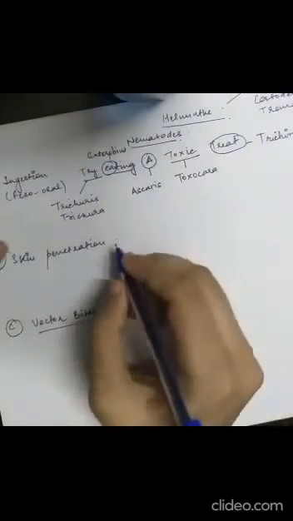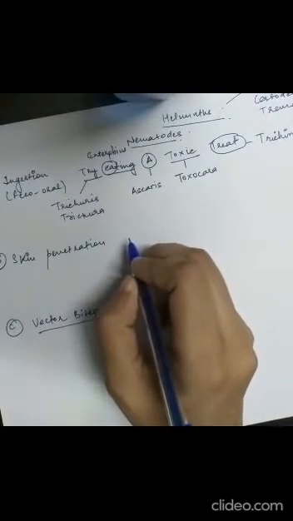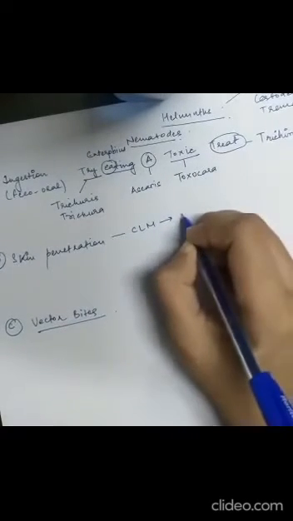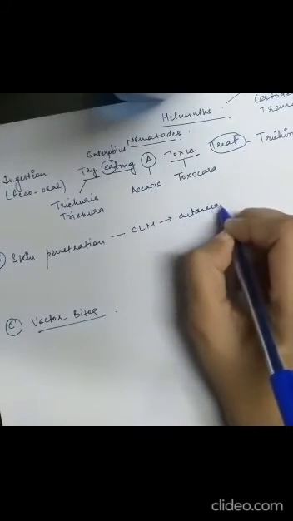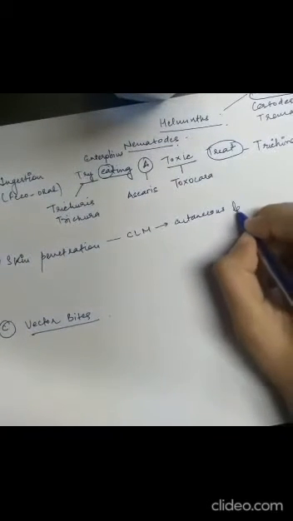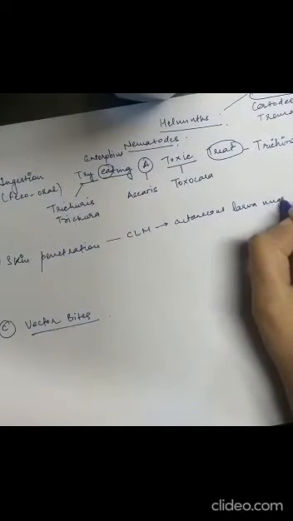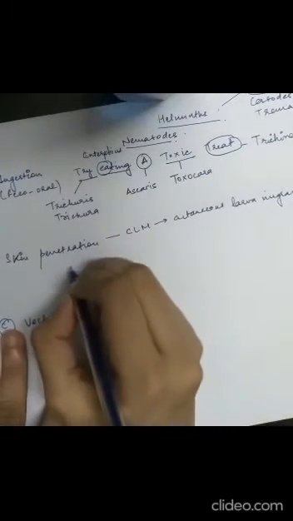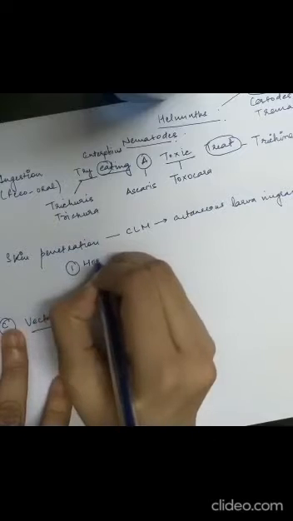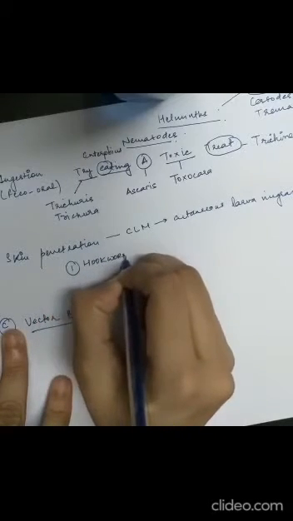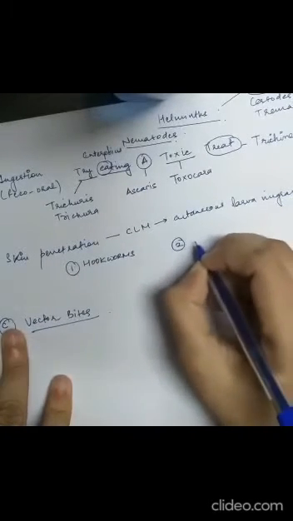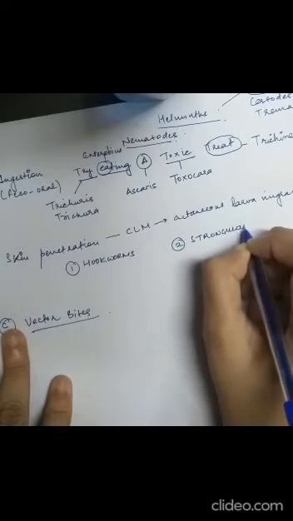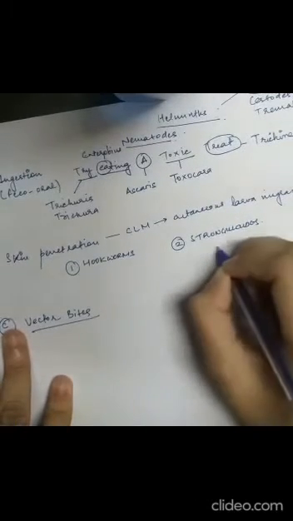So those bugs that cause infection by skin penetration produce CLM, that is cutaneous larva migrans. These are number 1, hookworms, and number 2, Strongyloides stercoralis.